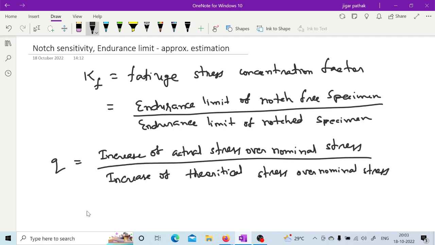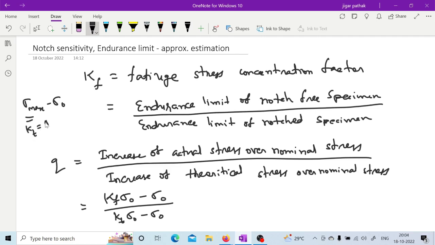Now both can be calculated from the fatigue stress concentration factor and the theoretical stress concentration factor respectively. So the actual stress will be Kf sigma naught minus sigma naught, and again Kt sigma naught minus sigma naught, because it is basically sigma max minus sigma naught in both cases. For one case we use Kt, and for the other we use Kf.